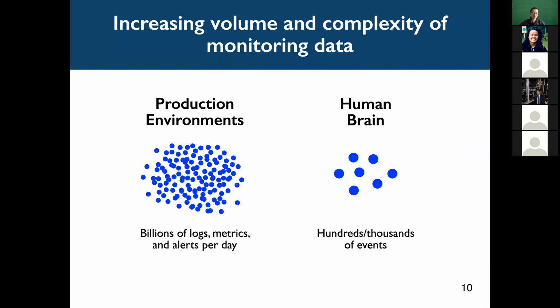So our human brains are comfortable with handling hundreds to thousands of events. We've now reached a point where we cannot rely on our human brain to cope with the volume of events in the environment. So we need AI, artificial intelligence. This is another challenge in software monitoring.